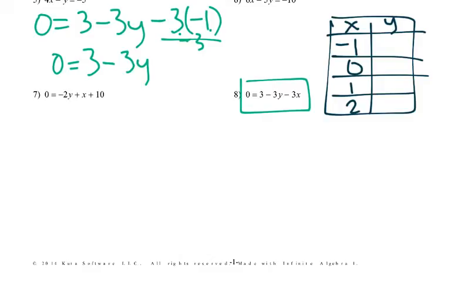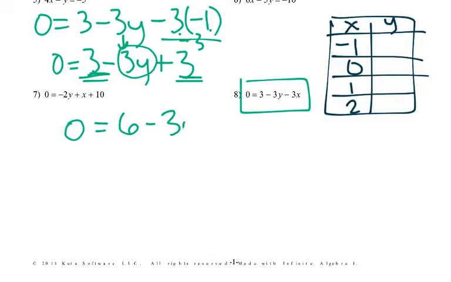Minus a negative is plus, so it's really plus 3. Okay. Now this 3 and this 3 can't be combined with that, because that's the coefficient, right? But these are both numbers, so 3 plus 3 would give us 6. To get the 6 away, because we can't combine them, because 3 right here is our coefficient, 6 is a number.